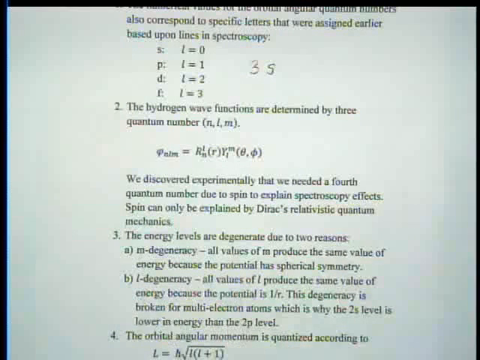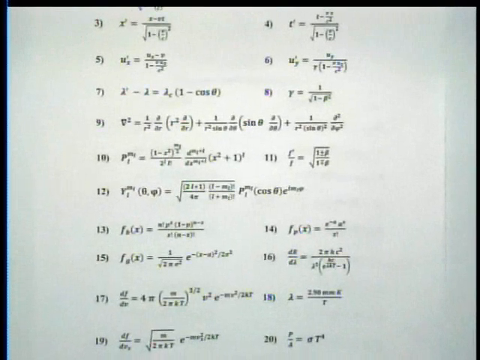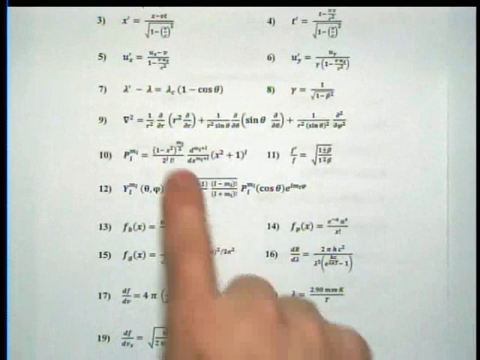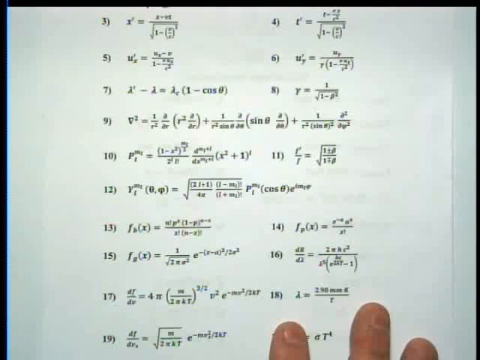Now, I'm going to give you on the test, as I did last time, some information that you need to be able to work with. You've been given the spherical Laplacian, so I can ask you to work on deriving things from that.